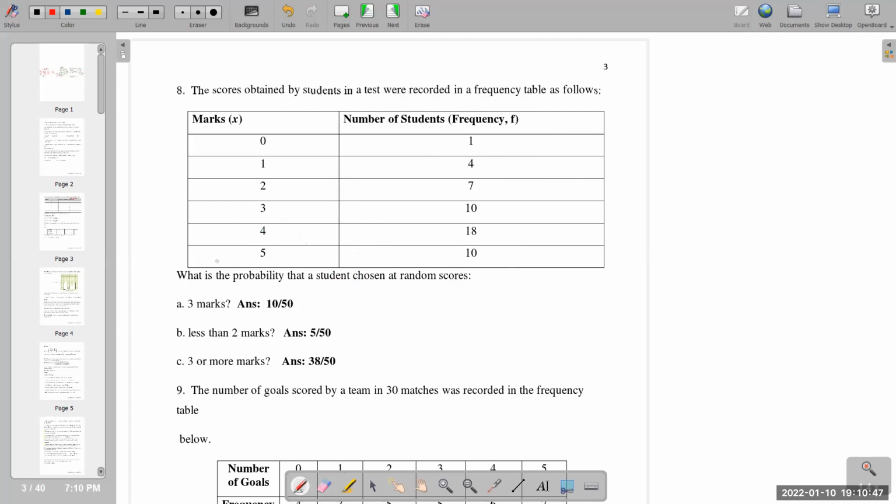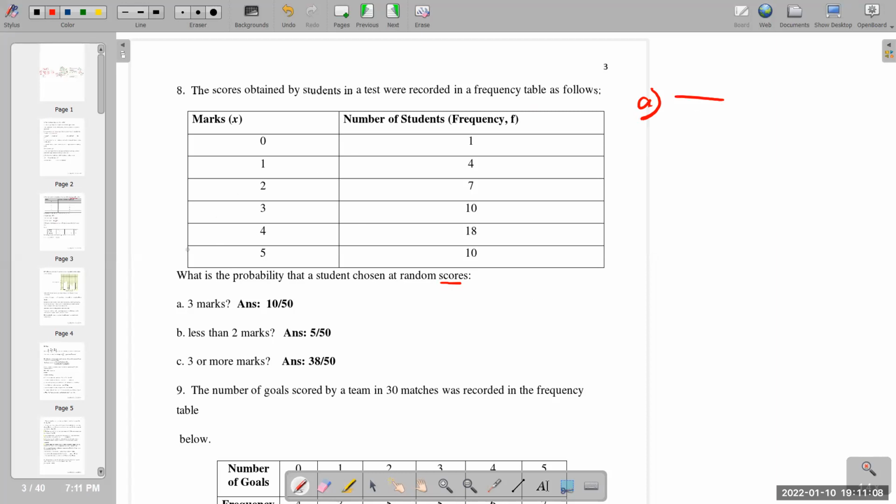Okay, so it asks us now, what is the probability that a student chosen at random scores? So first things first, they ask us for the probability. So for A, we know we need to find 2 things: a numerator and a denominator. How do we find the denominator?